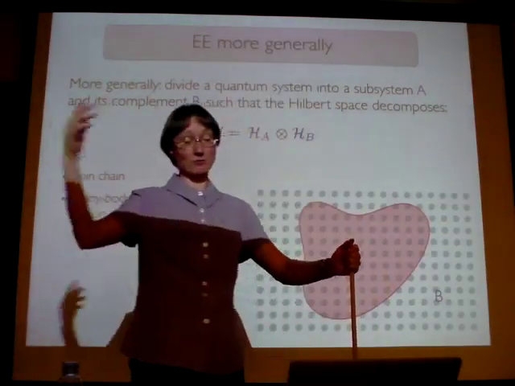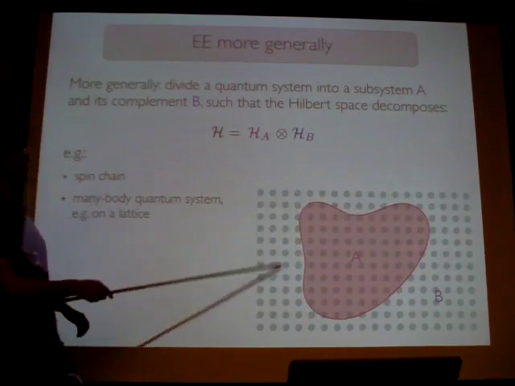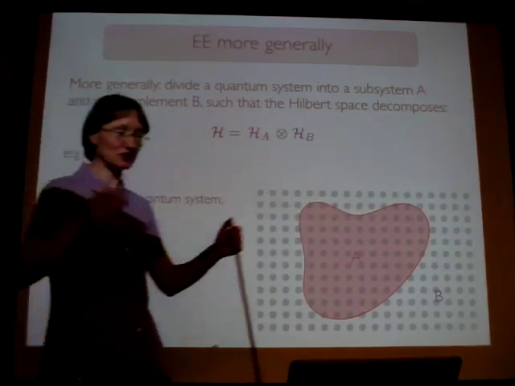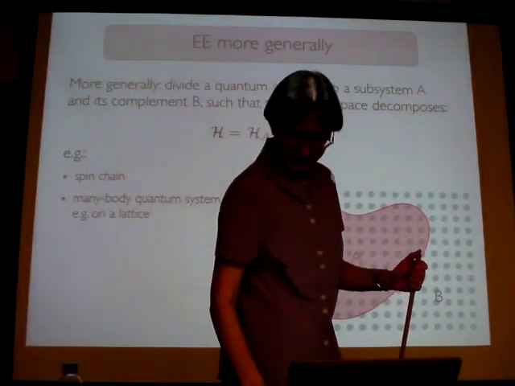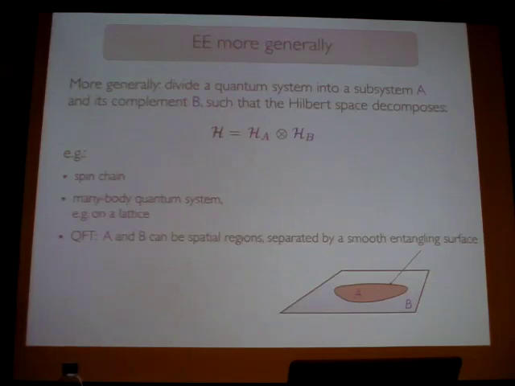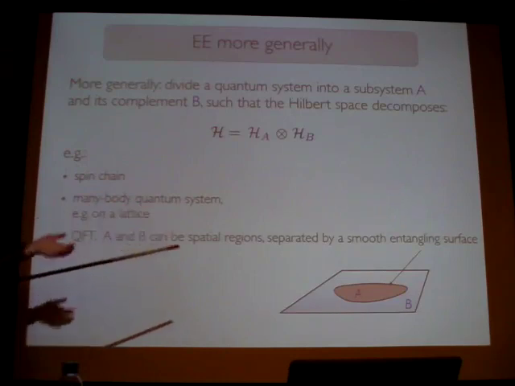You can do it for some quantum many-body systems, where, say, you consider all the spins within some region. And more interestingly, if you take the continuum limit, a local quantum field theory, it's very natural to specify a certain spatial region, and you can then define entanglement entropy for that spatial region.